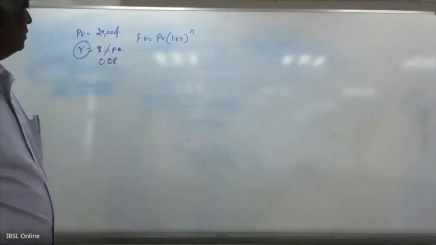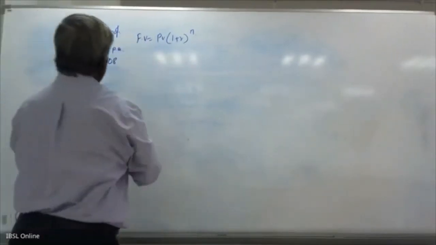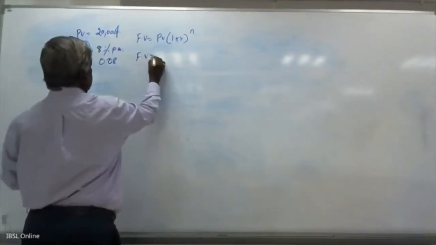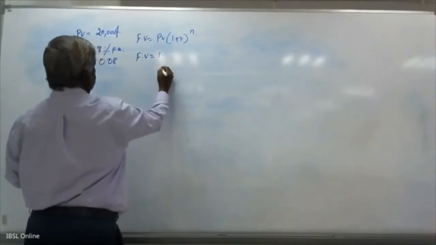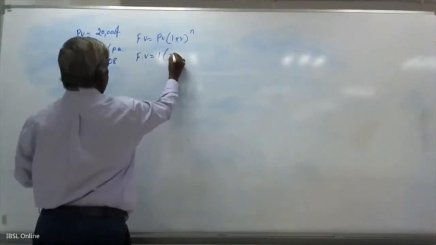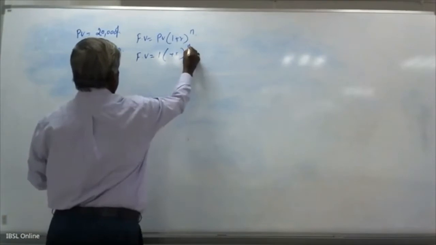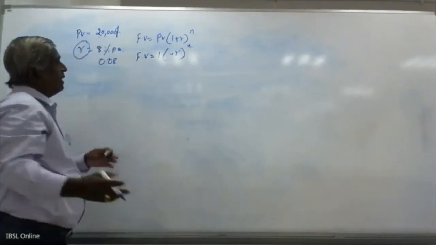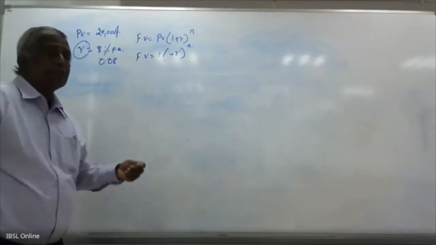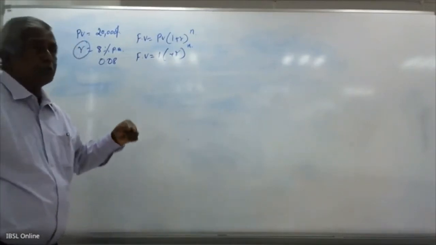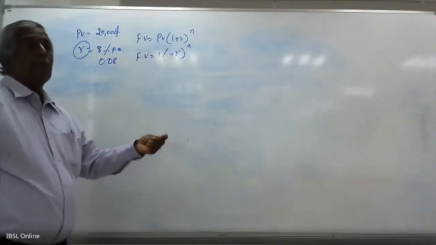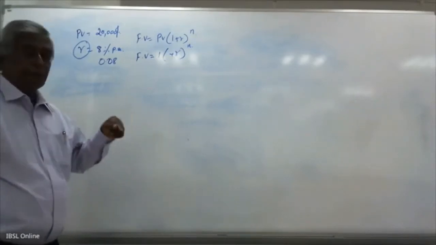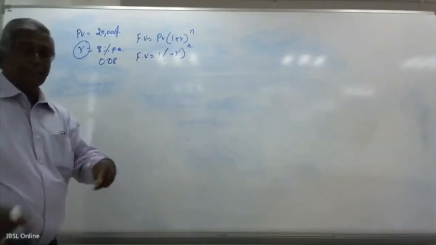Now, we have calculated the future value for various present values. The future value for a present 1 rupee is 1 plus R to the power n. The R, the interest rate or the compounding rate, can vary. It can be 1%, 1.1%, 1.2%, 1.3%, 2%, 2.2%, 3%, 3.3%, and so on.